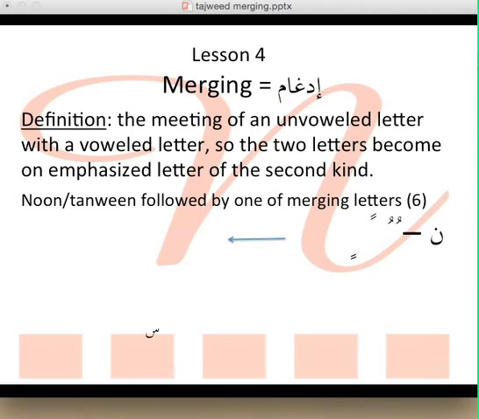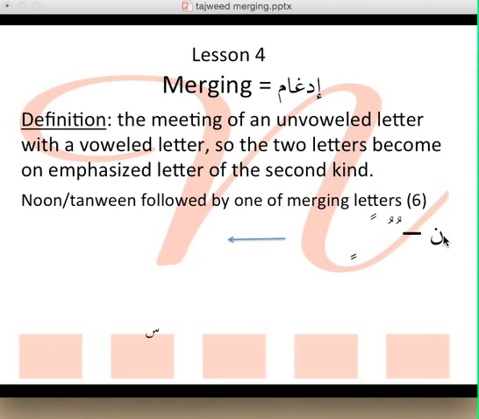So the first one is, if you see here, the noon, that's the shape of the noon without anything. It's empty noon, I call it, which means it's sakina, unvoweled, but there is no sukoon on top of it. Because if there is a sukoon, it would be read clearly.